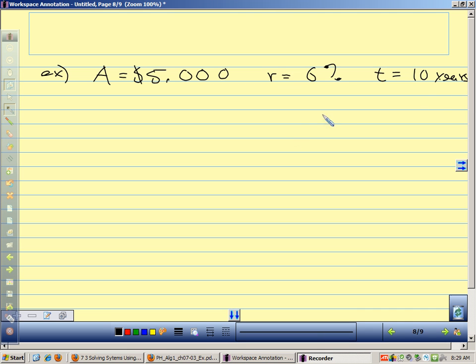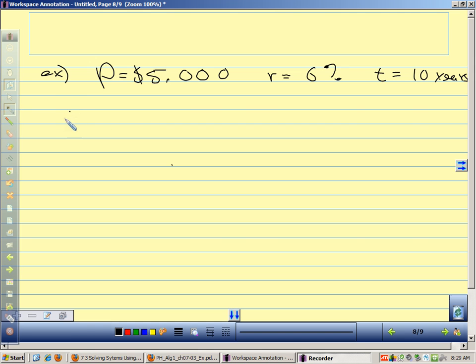And we want to find the amount that we have. This shouldn't be our A, this should be our principal. Our principal is $5,000. We want to find our amount if we're compounded annually, quarterly, monthly, and daily.